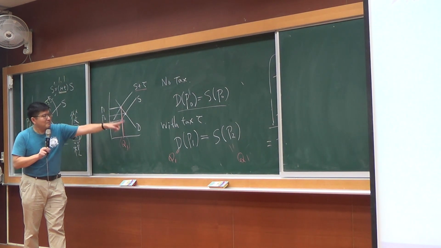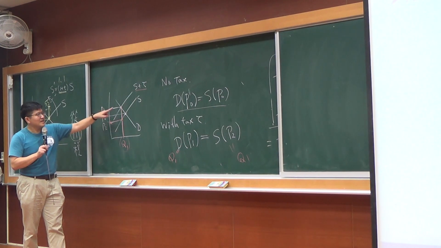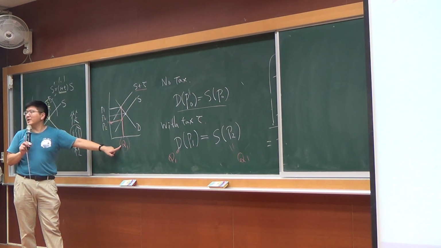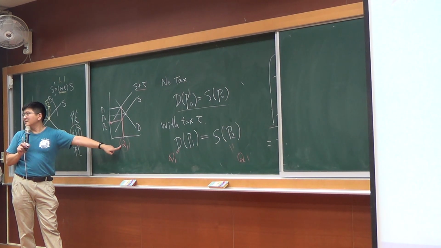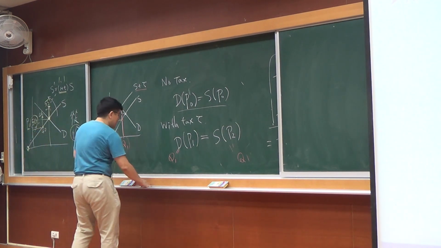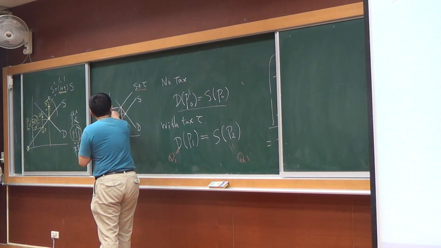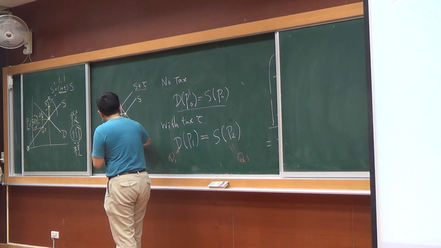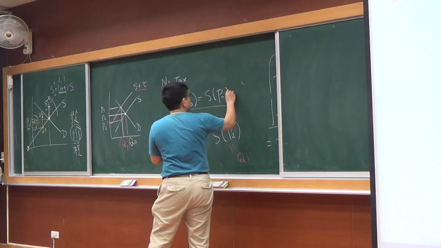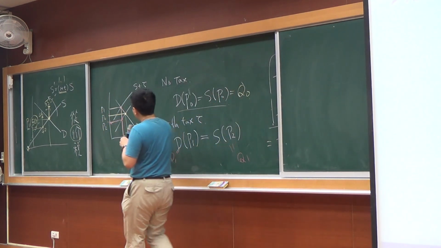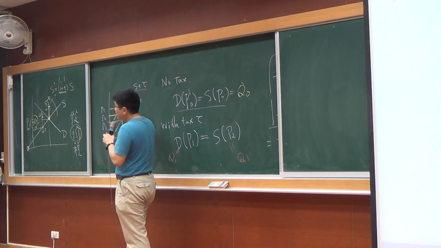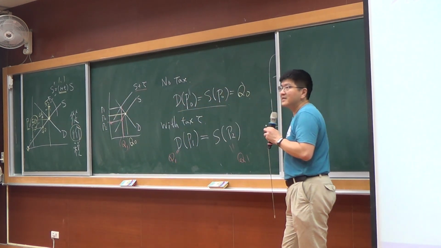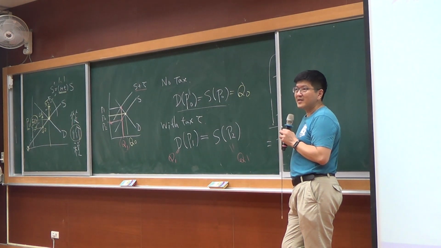So demand of P1 equals Q1, supply of P2 equals Q1. And demand of P0 equals Q0, and supply of P0 equals Q0. Okay?